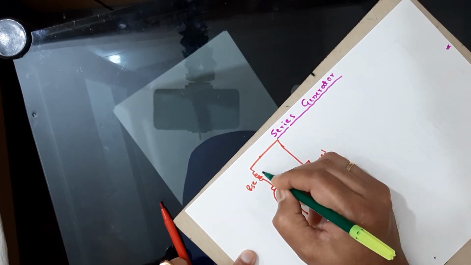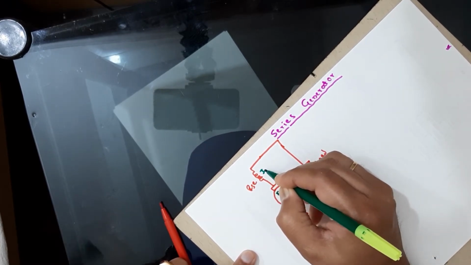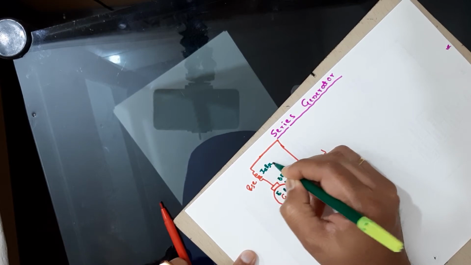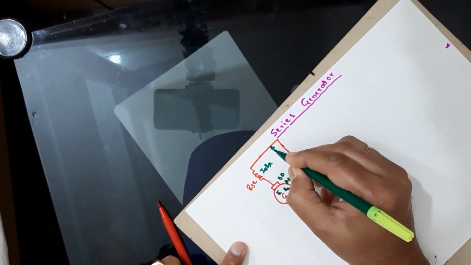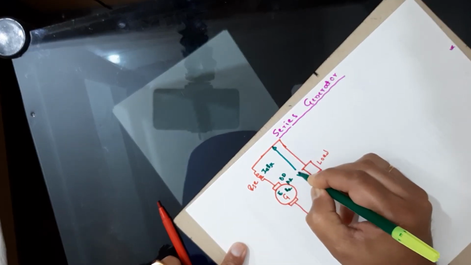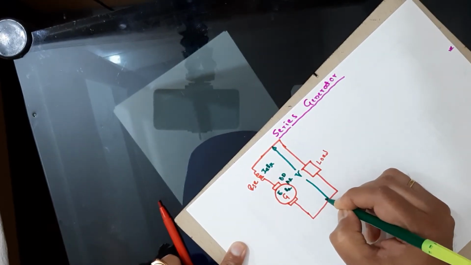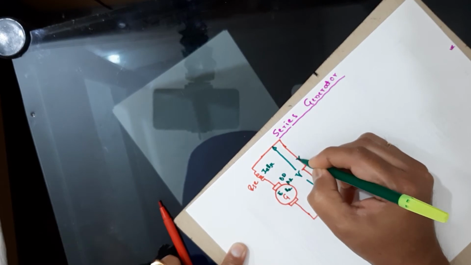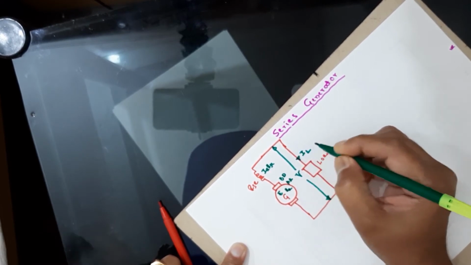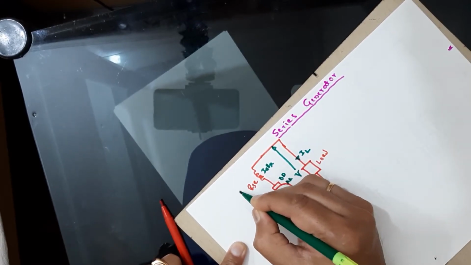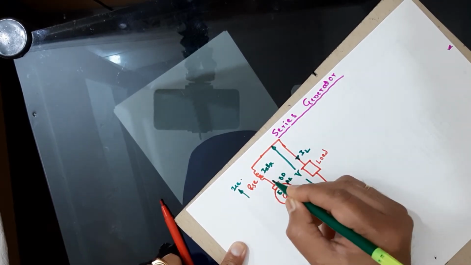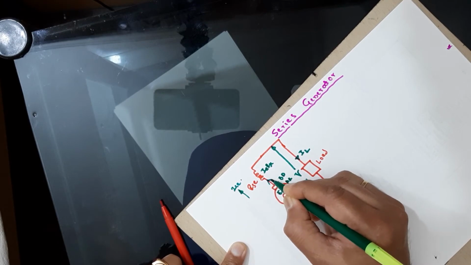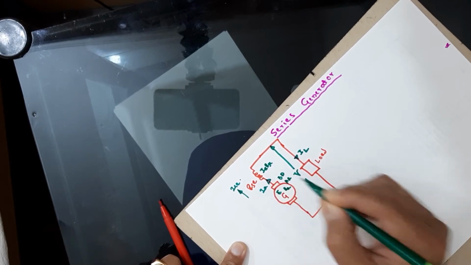Apart from that, there is one more thing here. It is I A R SC, that is the drop in the series field. The voltage available across the load is V, and the current flowing through the load is IL. The current flowing through the series field I will call I series, whereas the current delivered by the armature is represented by IA.